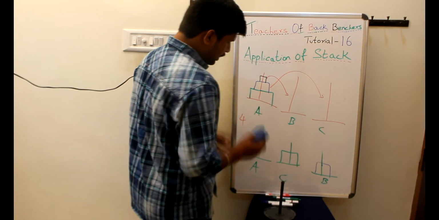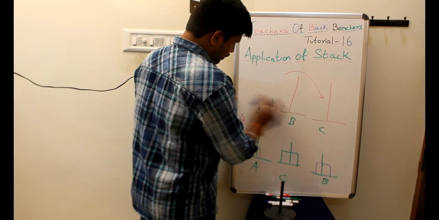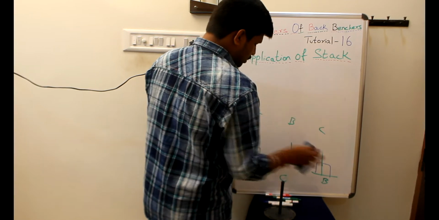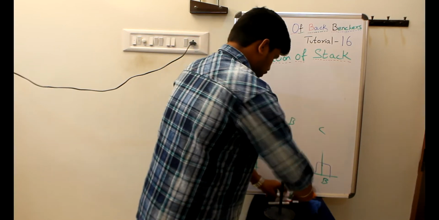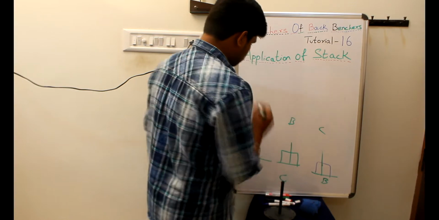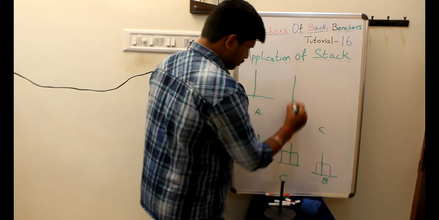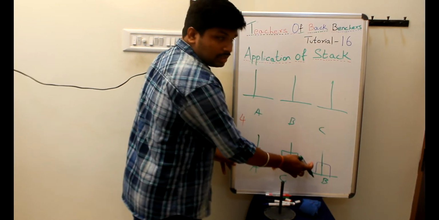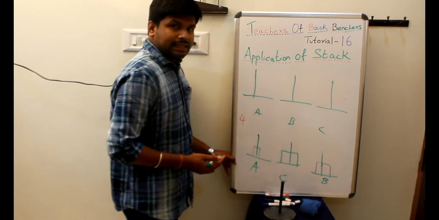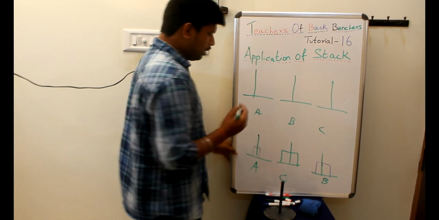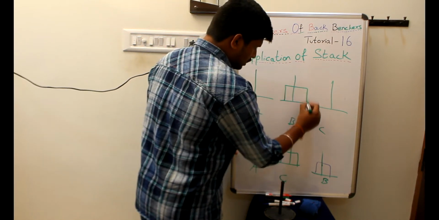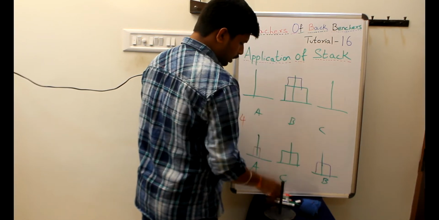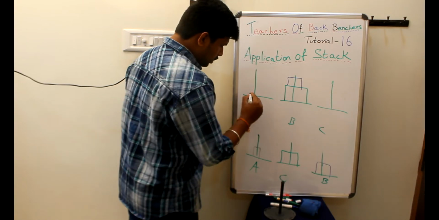And in step 5, what happens is B's average disk comes to C, on top of the largest disk, and the smallest value stays in A itself.